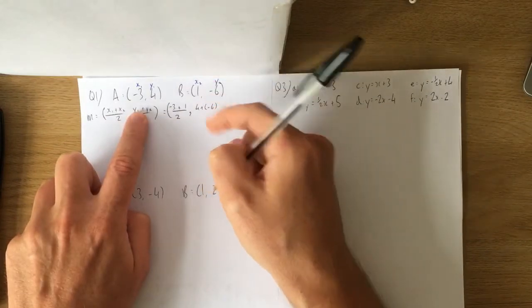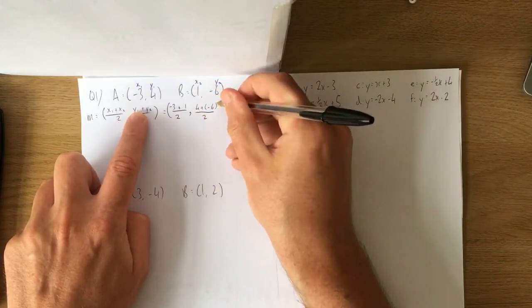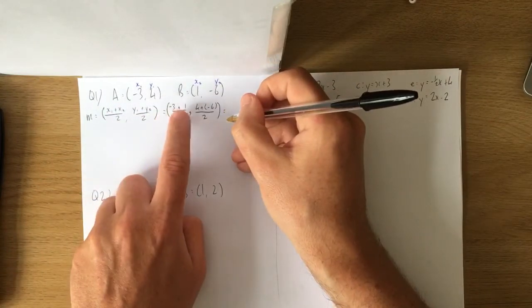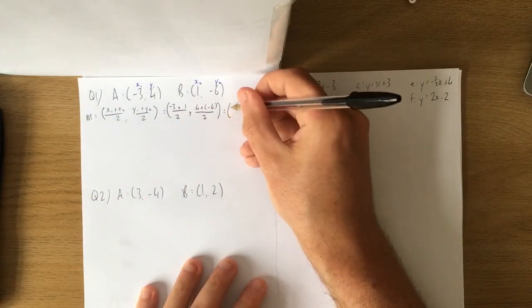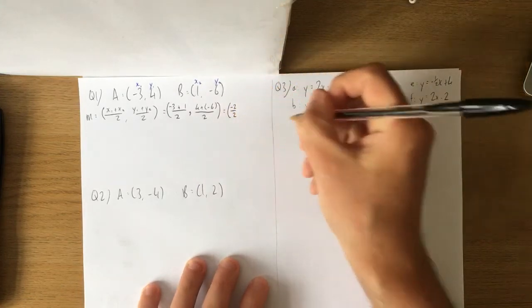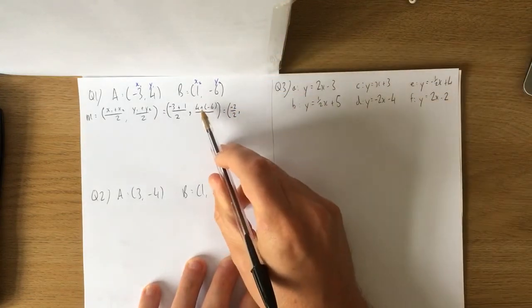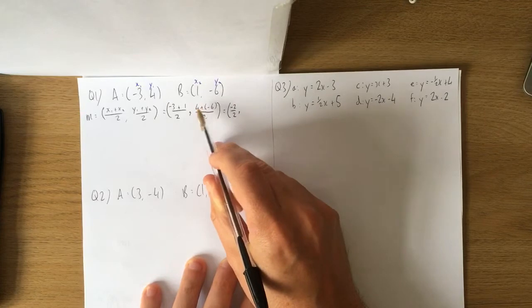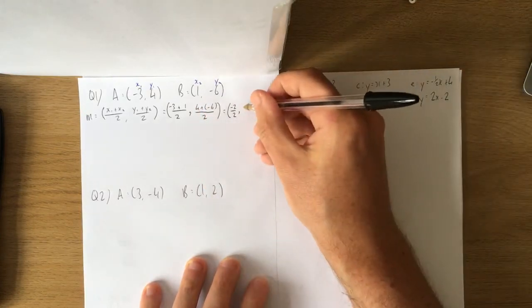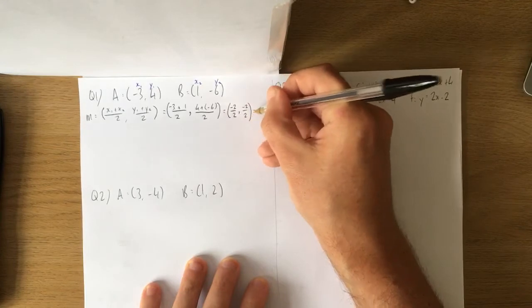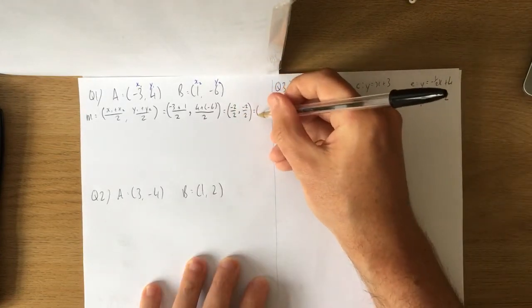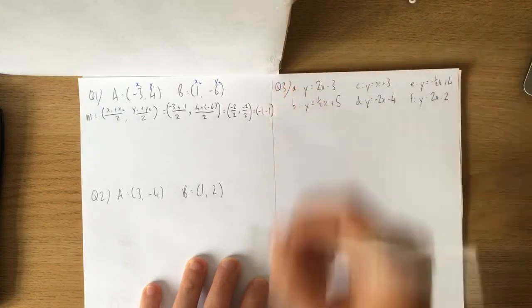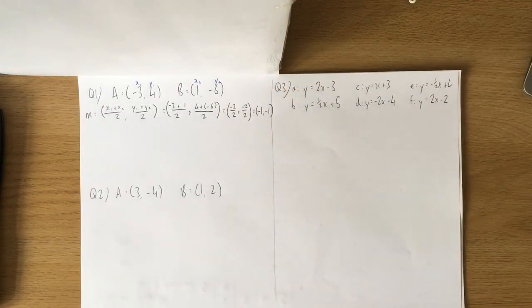So that's equal to minus 3 plus 1 is minus 2 over 2. 4 plus minus 6: a plus and a minus together is a minus, so 4 minus 6 is minus 2 again. And then minus 2 divided by 2 is minus 1. So your point is minus 1, minus 1. There's your midpoint. That's what's halfway between minus 3, 4, and 1, minus 6.